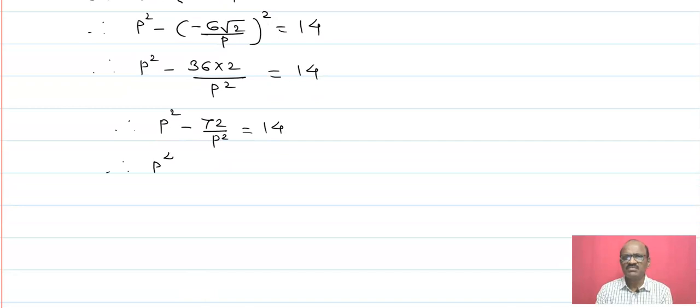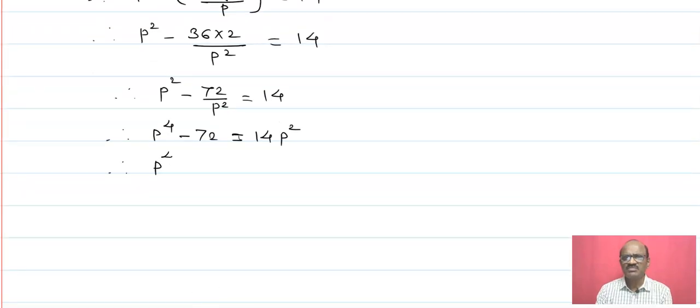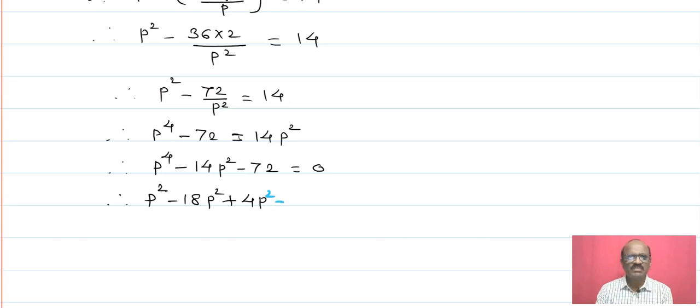Therefore, p squared minus 36 times 2 upon p squared is equal to 14. Now simplify this: p squared minus 72 upon p squared is equal to 14. Multiply on both sides by p squared, then you get p raised to 4 minus 72 is equal to 14 p squared, and the quadratic equation in standard form is written as p raised to 4 minus 14 p squared minus 72 is equal to 0.